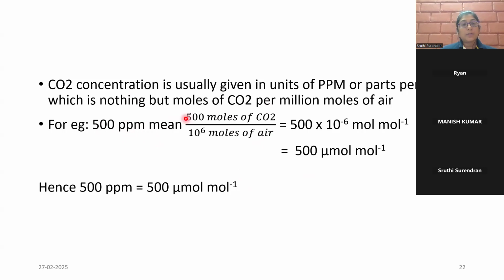So 500 moles of carbon dioxide per 10 to the power 6 moles of air will ultimately be 500 micromoles per mole. As of now, the carbon dioxide concentration in the atmosphere is around 420 ppm. So when we say 420 ppm, it means that it is equal to 420 micromoles per mole.